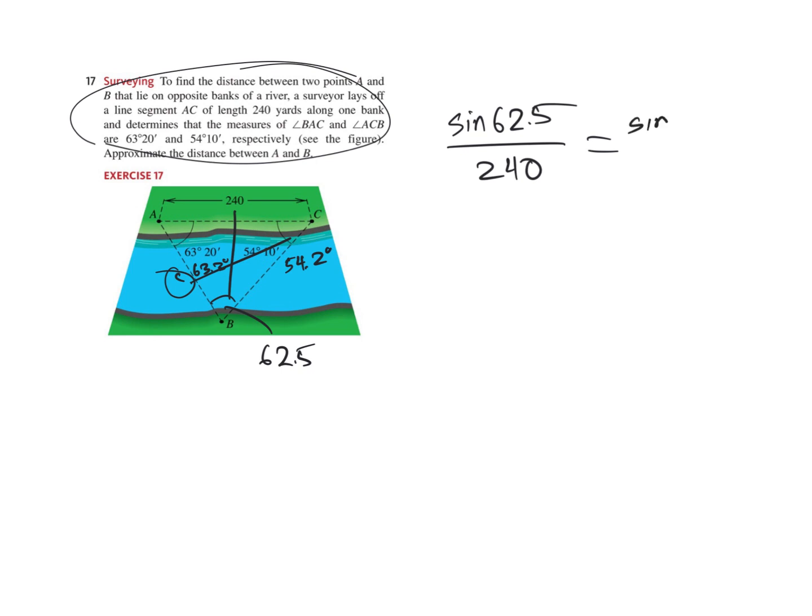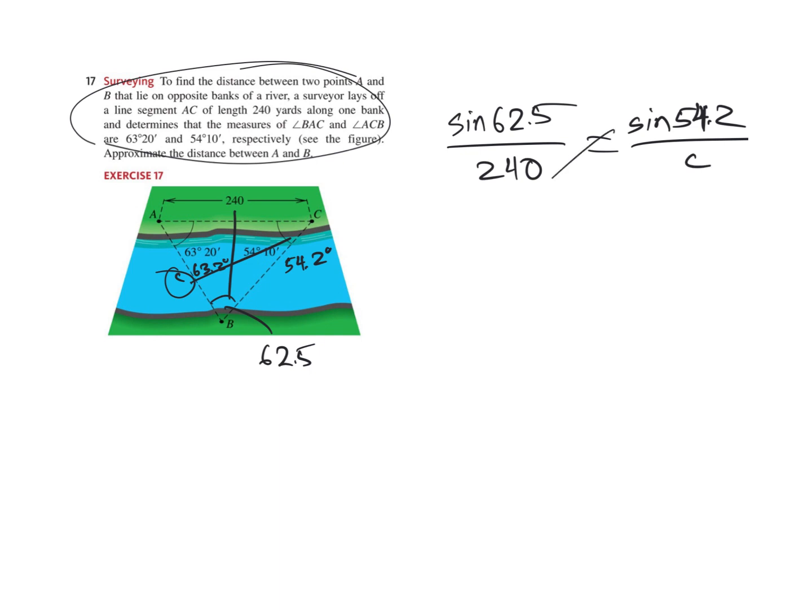All right, so 180 minus 54.2 minus 63.3 gives us angle B to be 62.5. So now there's our two pieces for our ratio. Sine of 62.5 is to 240. And then we need little c, which goes with that angle. Sine of 54.2 is to little c.